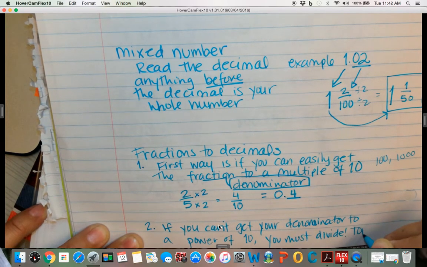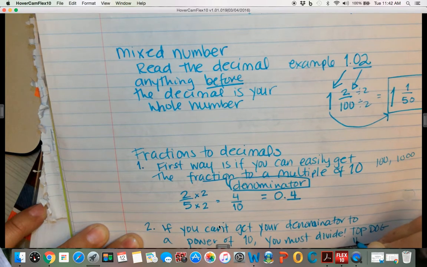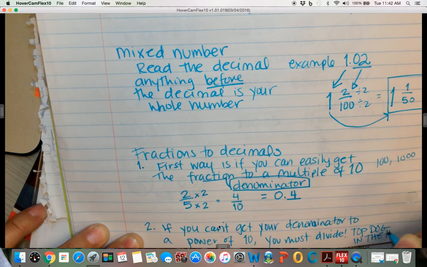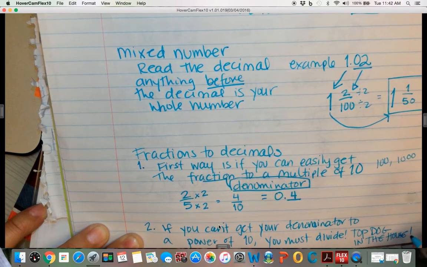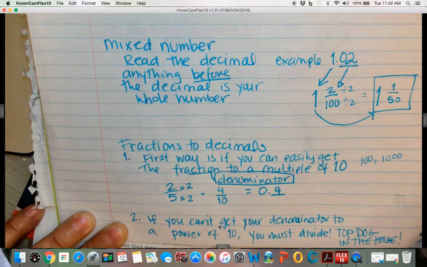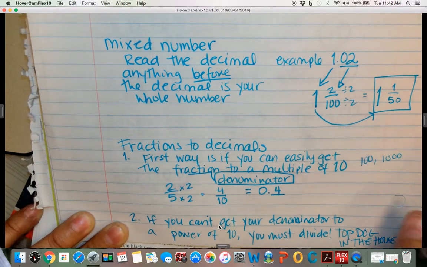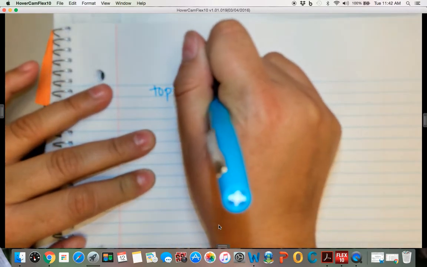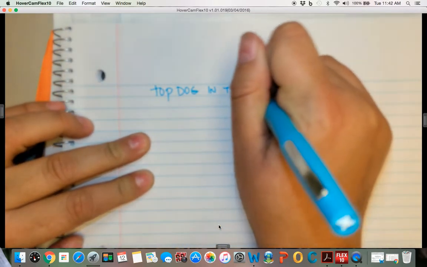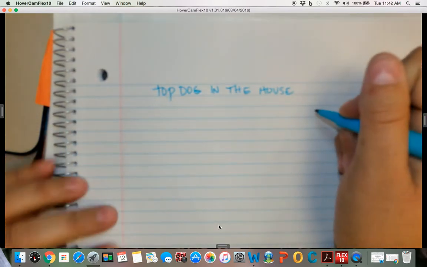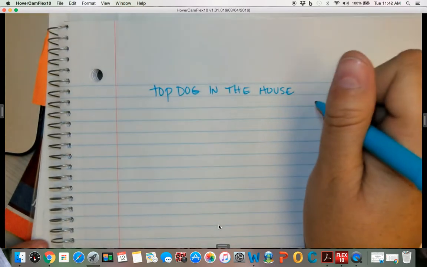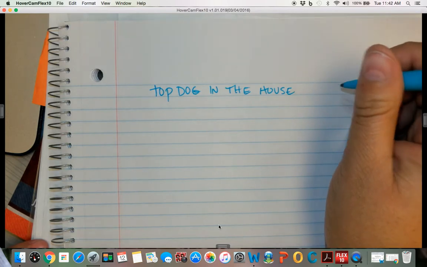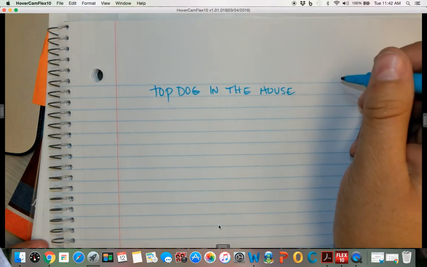And that's top dog in the house. Obviously I'm out of room, so I have to flip my paper over. All right. Top dog in the house means that the number that is my numerator goes into my little division, and the second number goes on the outside.